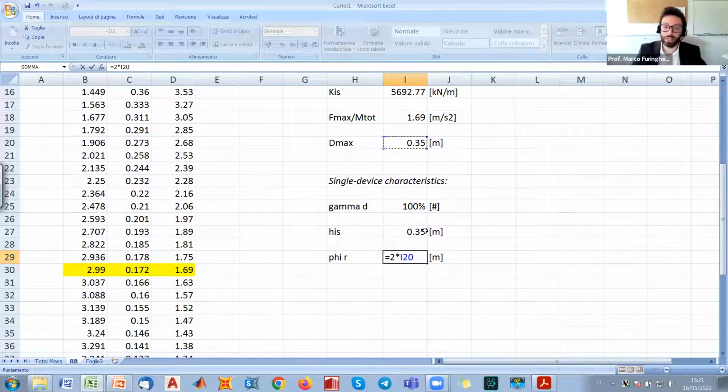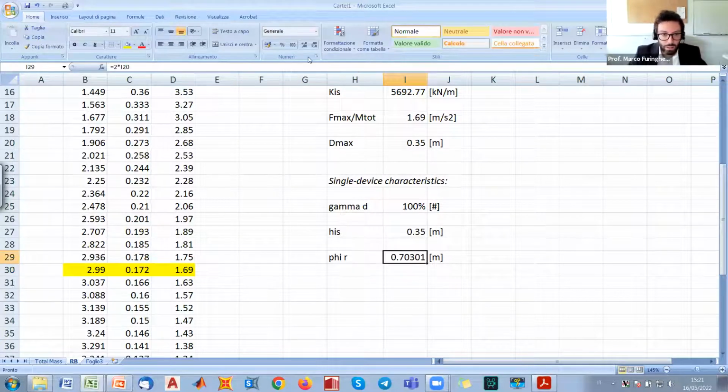But whenever you assume a different value of gamma, it is better always to refer to the displacement, because this is directly related to buckling and rollout of the device. So let's always consider twice the displacement. This is important. So you see, we have approximately this size for the planned diameter of the device.